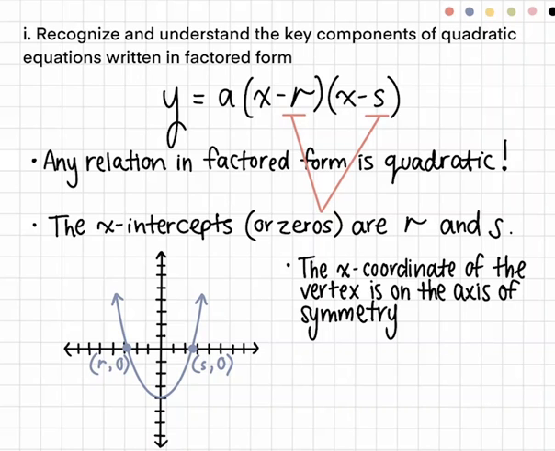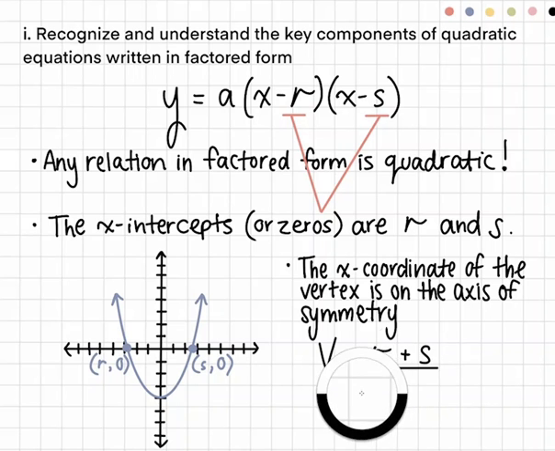So in this case, the x-coordinate of the vertex is on the axis of symmetry, and we're able to find the vertex, we'll just say v, by taking the r-coordinate, adding it with the s-coordinate, and dividing by 2.